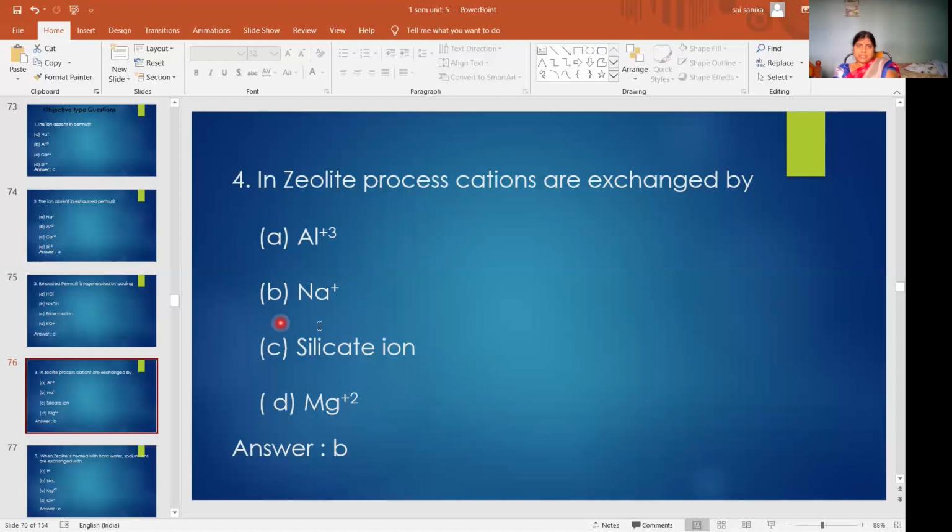So here they are not asking about calcium and magnesium to confuse you. Cations means calcium and magnesium ions are exchanged by sodium ions. You remember, in the zeolite process, sodium ions are replaced by these cations, calcium and magnesium ions. So the answer is B.